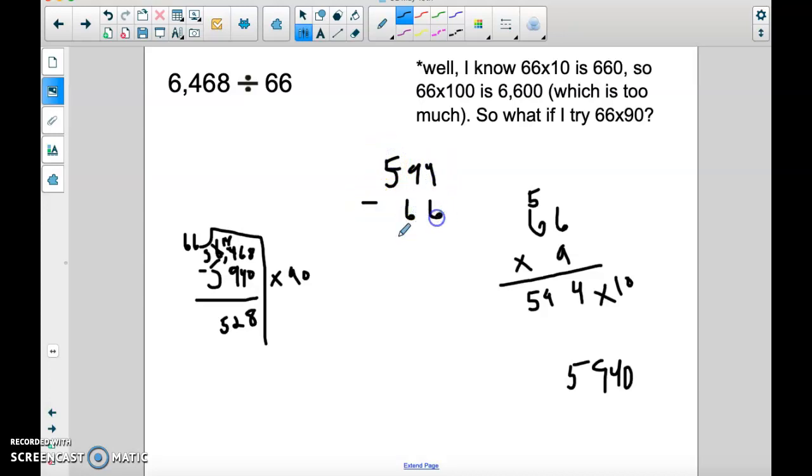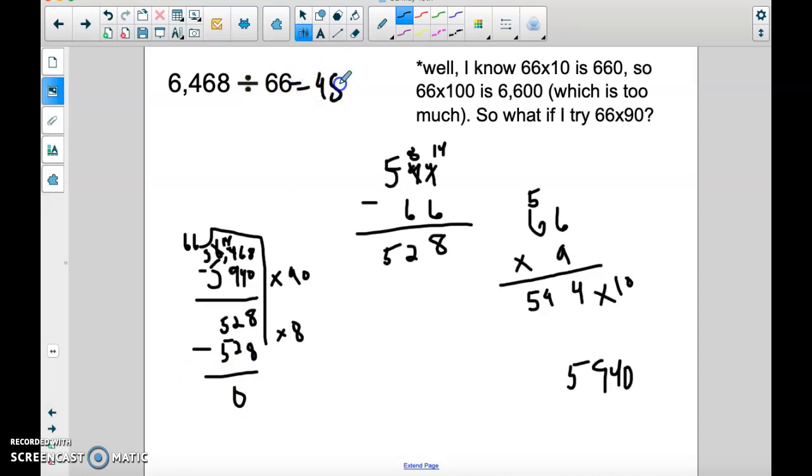Remember, this will get me 66 times 8 when I do this. This has to become an 8, so this can become a 14. And then 8, 2, 5. Oh, perfect. So then I'll just do times 8 and take away 528. I'm left with 0. So my answer is 98.